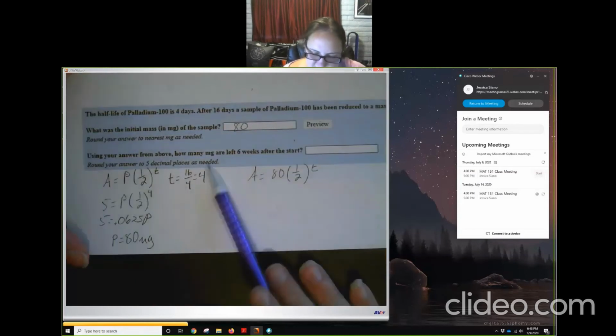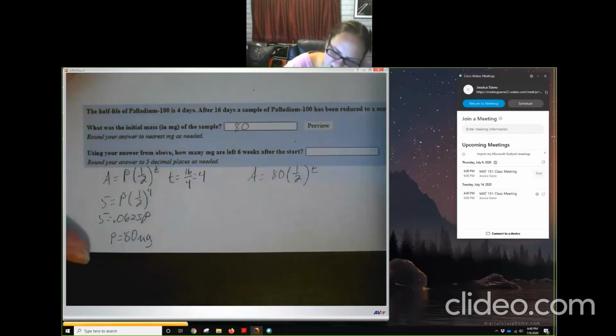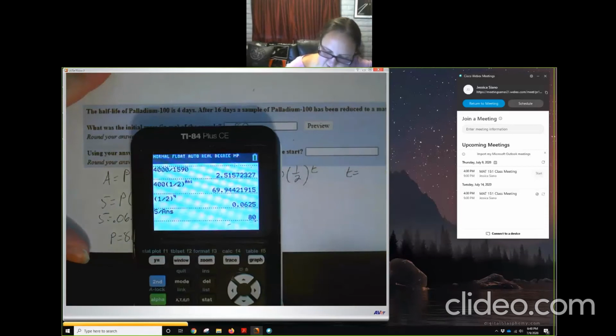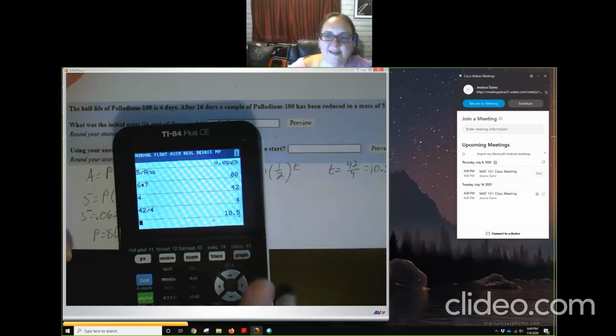How many milligrams are left 6 weeks after the start? Okay, well, in 6 weeks, there are 42 days. One half-life is 4 days, 42 divided by 4. So that means we've had 10.5 half-lives pass.